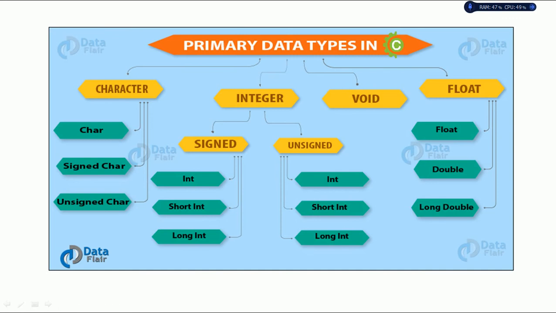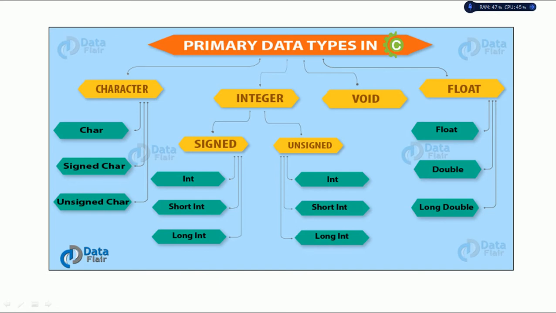For character, you can simply use character, or signed character, or unsigned character, right? These depend on the programmer, meaning how much memory he requires to store his variable. Depending on that, they can choose either a simple character, signed character or unsigned character. All of these take the same memory, 1 byte, but they represent different positive and negative values.